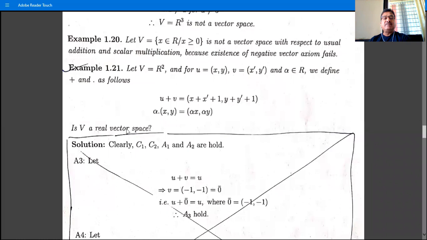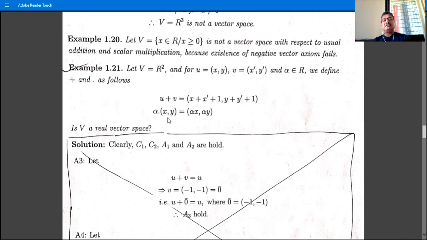V is a vector space if V satisfies the 10 properties, and V is not a vector space if any one of the 10 properties fails for this set with respect to these two operations. Here the scalar multiplication is the usual scalar multiplication, which means the properties related to scalar multiplication are satisfied for this set.